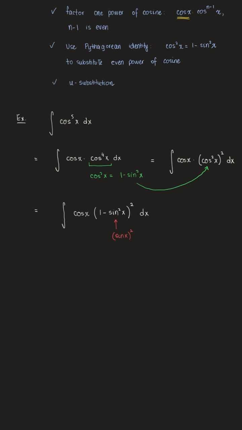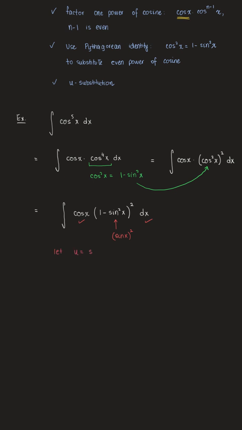And the reason that that's a good use of u is because du will be cosine x dx, which we saved over here. So remember that the term that you factored out is going to be part of your du in your u substitution.